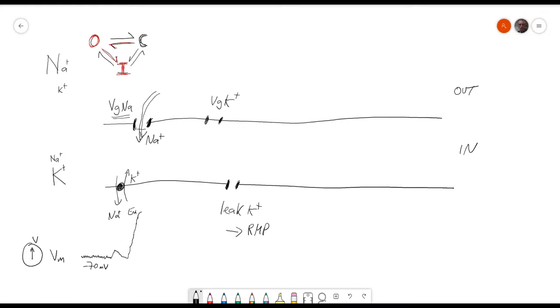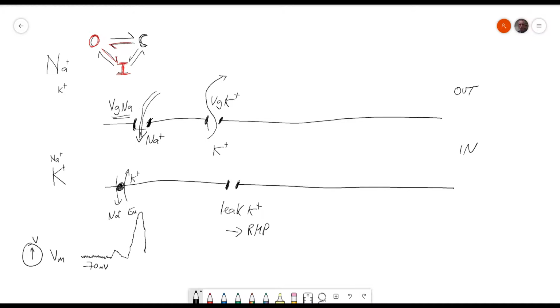Now that alone will mean that we're just going back to where we were before, so we start to repolarize the membrane. At the same time, the depolarization has caused potassium channels to open, and this time, because potassium is high on the inside, this potassium leaves the cell, and that speeds up the rate of repolarization even faster.